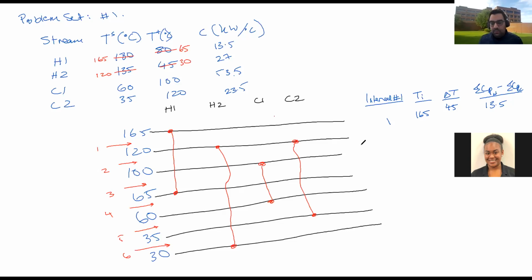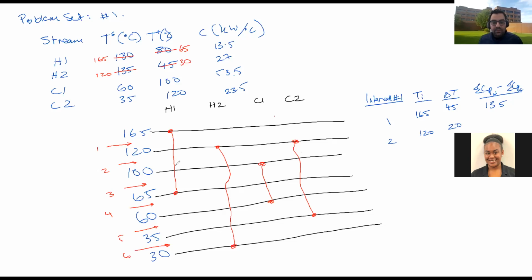Good. Then I move on to interval number 2. My initial temperature in this case is 120. My delta T, 120 to 100, is 20. And now I need to calculate my summation of Cp hot minus summation of Cp cold. Let's start with the hot streams.